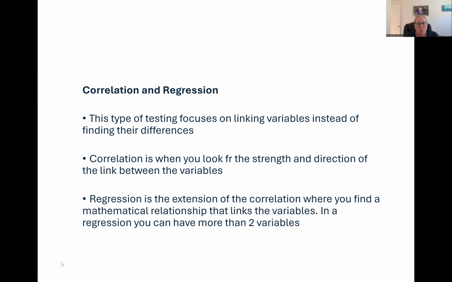So in a correlation and regression, we're looking at linking variables instead of looking at what's different about them. So you're looking at the strength and the direction of link between variables. So what does that mean? All right, I looked at sand crabs for my grad school project, and if they ingested microplastics, did it matter?